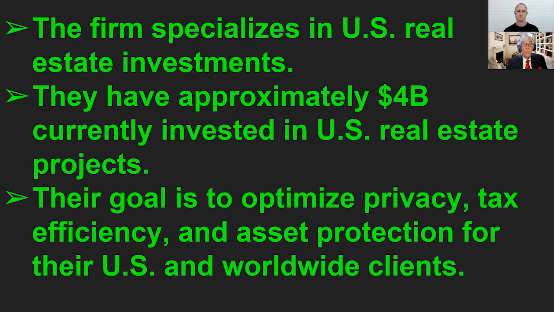Again, same structure. Our last example is slightly more complicated, a real estate developer. The firm specializes in US real estate investments. They have approximately 4 billion currently invested in US real estate projects, and their goal is to optimize privacy, tax efficiency, and asset protection for their US and worldwide clients.